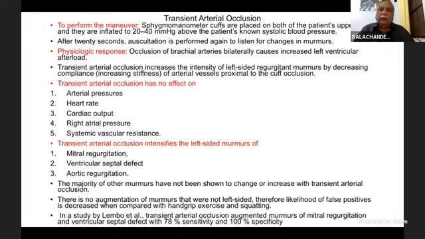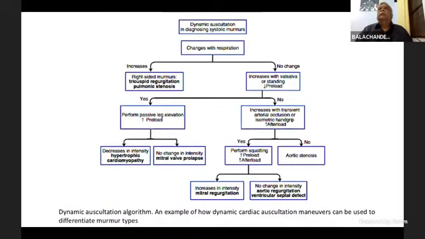So that is it. Now let us summarize with what is known as a dynamic auscultation algorithm. Dynamic auscultation in diagnosing systolic murmurs. What are the changes with respiration? If it increases, the murmurs are right-sided: tricuspid regurgitation, pulmonic stenosis.